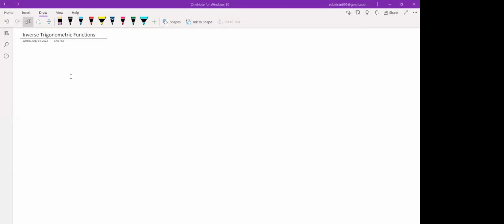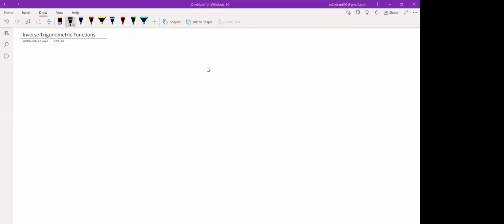So this is a small chapter. We won't say too small, but compared to functions, it is a small chapter. When we talk about inverse trigonometric function, it is actually an inverse function.